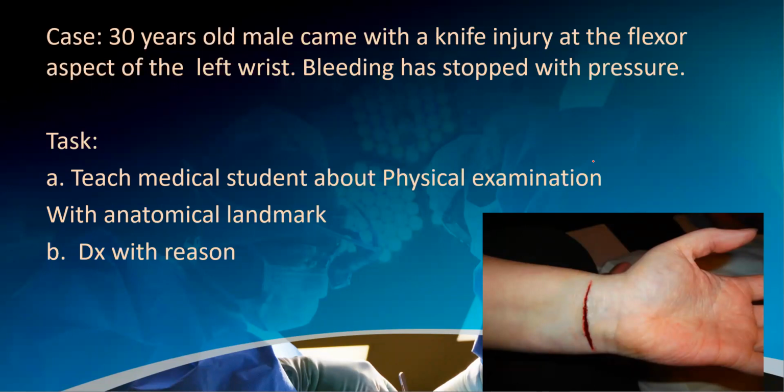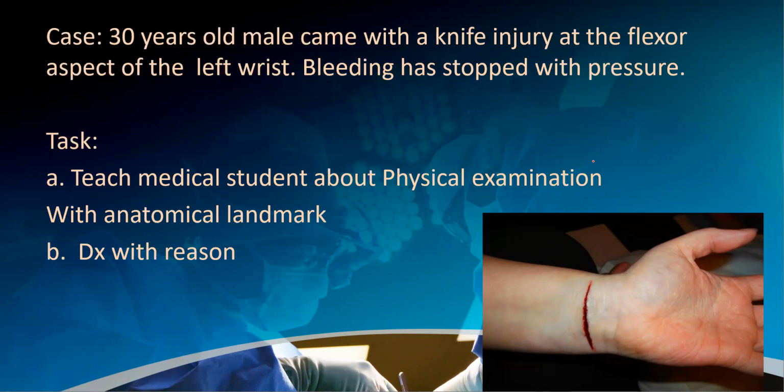As well as we need to check the position of the hand, because we always expect in this type of cut injury there might be some muscles, tendons, or some nerve or artery involved. So if there is any muscle involved, then the hand position can be changed.